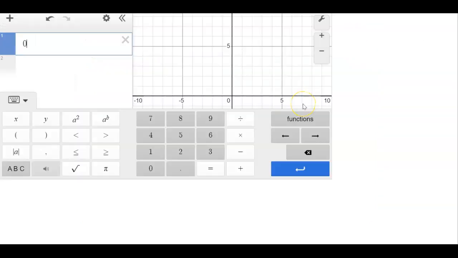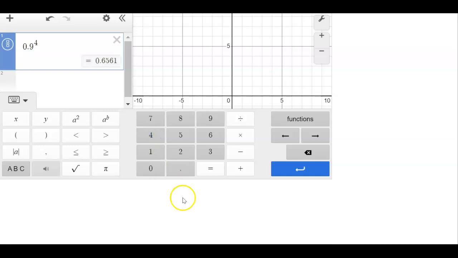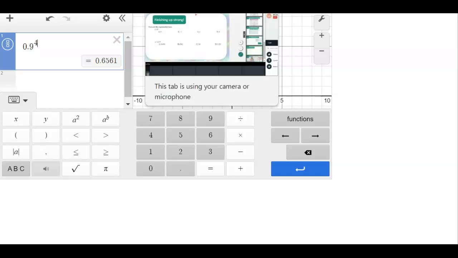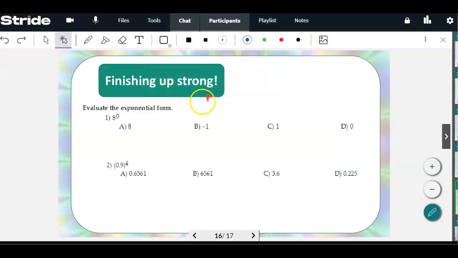So let's just check. 0.9, I'm going to raise that to the 4th power, and I get 0.6561, because this is a decimal, so it's 0.9 times 0.9 times 0.9 times 0.9. So if our answer is there, there it is. And so A is the correct answer. You should know, hopefully, the answer to this one without even putting it in the calculator.